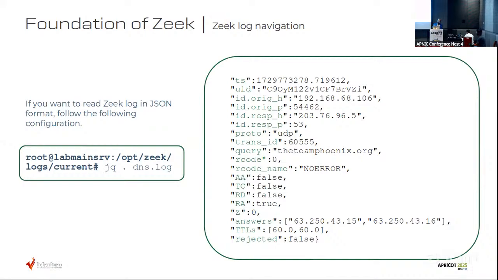Then it will give us the human readable format: TS, UID, original host port, response host port, and so on. So this is a very good representation of JSON format of log.